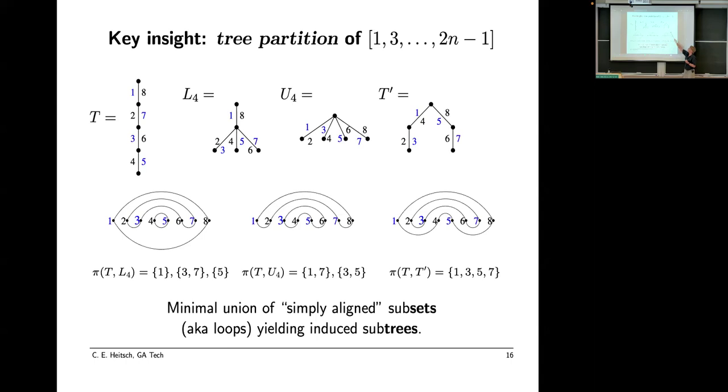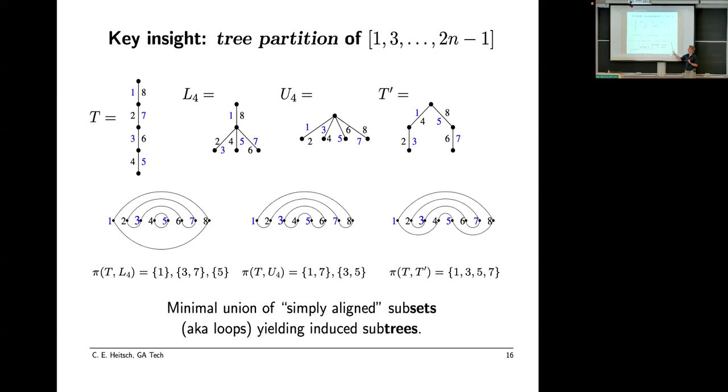So T with T prime, okay? T prime has these arcs, okay, and so I get 2 closed loops, but I've said the partition, I've taken the union of them.